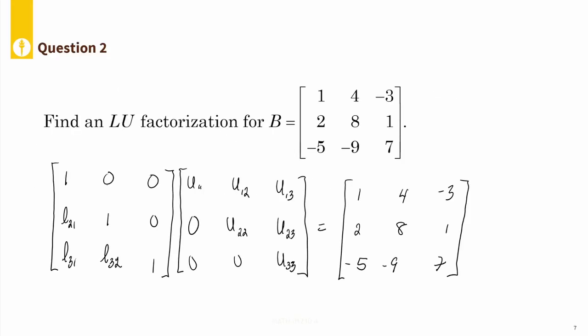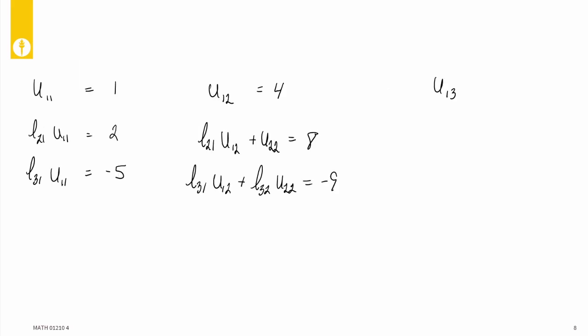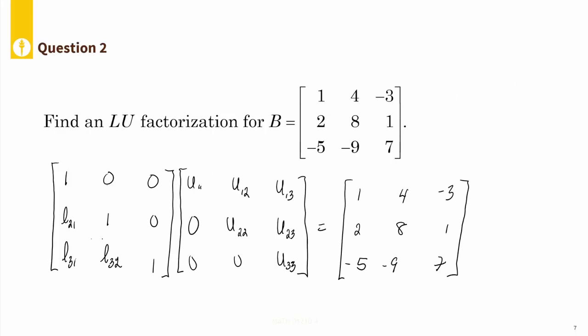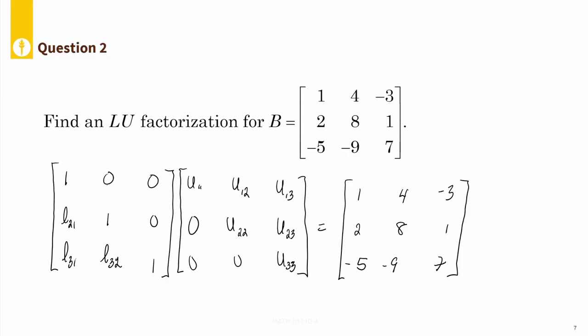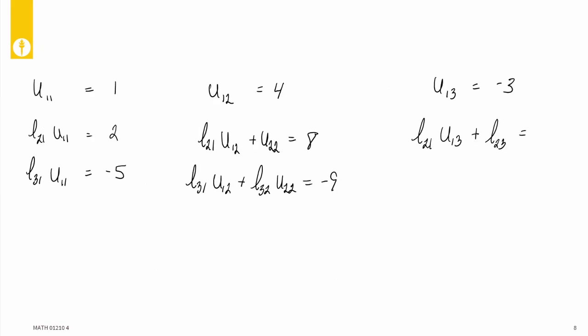U13 equals negative 3. This is going to be hideous. L21 U13 plus U23. L32, right?